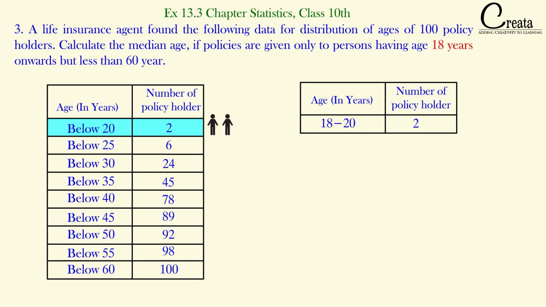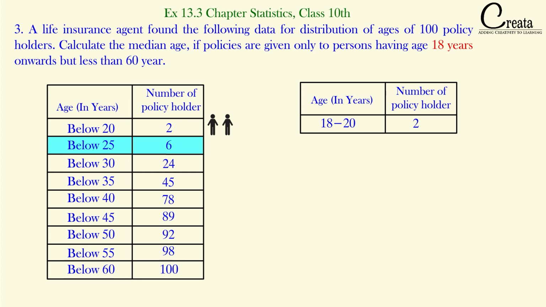Got it? Here the data in the first column is given in a slightly different format, not in the range format. So we have to convert this data into the range format, the minimum to maximum range. The first row we have converted, that is from 18 to 20 years of age, we have two policy holders. Got it?